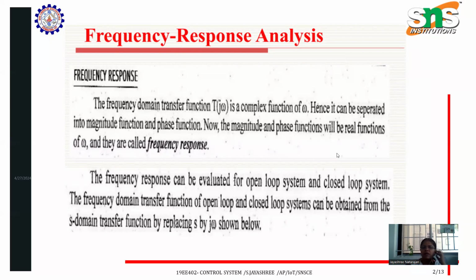The frequency domain transfer function of open loop and closed loop systems can be obtained from the S domain transfer function by replacing S by j omega. While calculating the response analysis, the first step is to replace S by j omega.